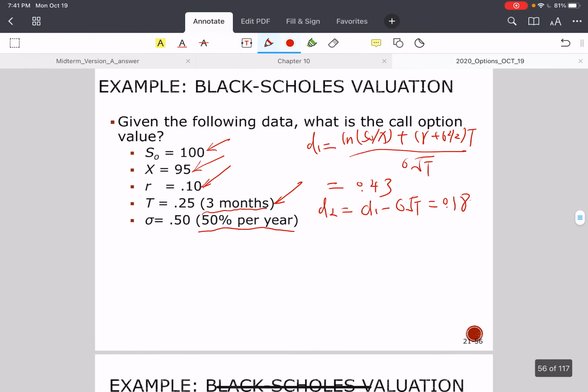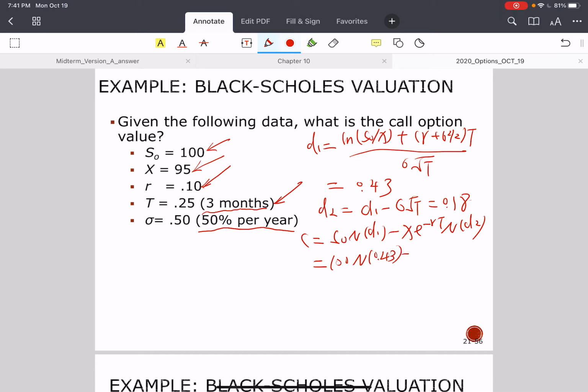And now finally, the call price equals S0 times N(d1) minus X e^(-rT) N(d2). So S0 is basically 100, right? And N(d1) is really N(0.43).